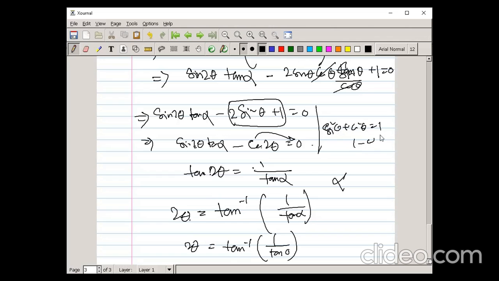So 1 minus cos square theta or 1 minus sin square theta is equal to cos square theta, and 1 minus sin square theta minus sin square theta. So cos square theta minus sin square theta. This is the cos 2 theta, right? It is also right.